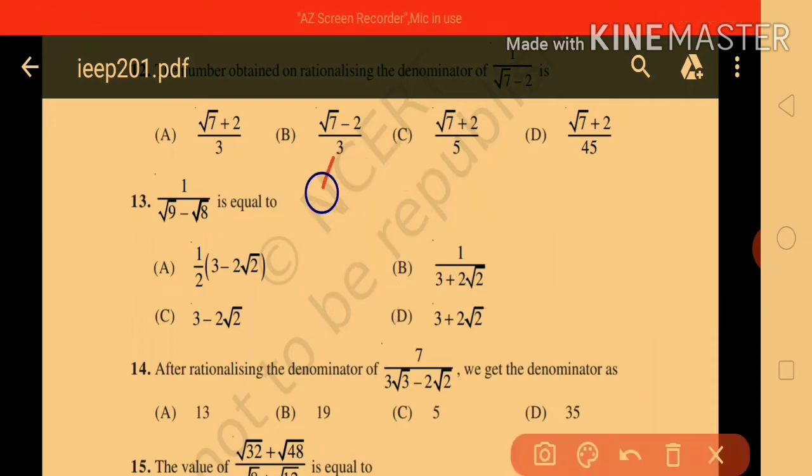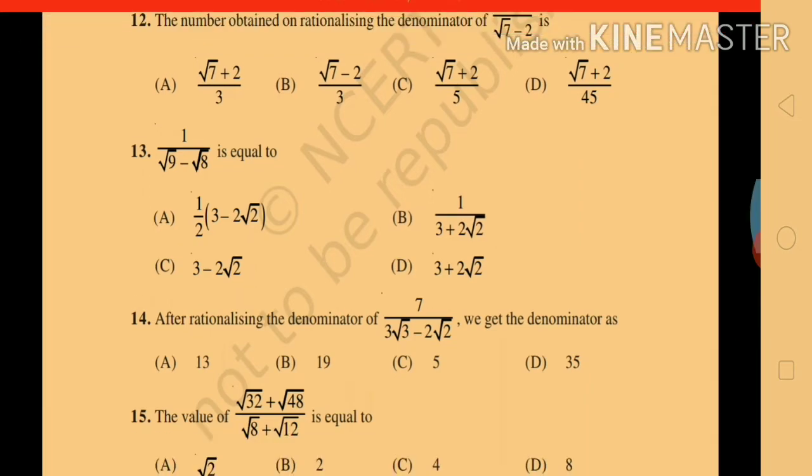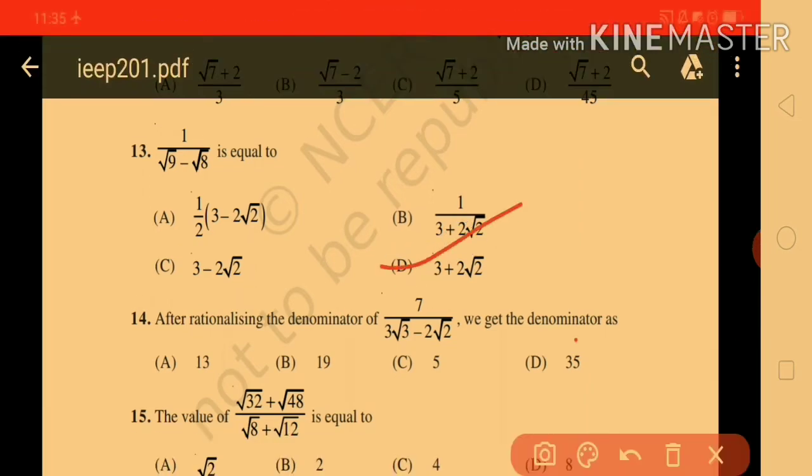Let us solve root 9 plus root 8. Root 9 is 3, we know that 3 square is 9, and the square root will be cut. Root 8 can be written as 2 into 2 into 2, meaning 2 root 2. See which option shows 3 plus 2 root 2. This is option number D, right?